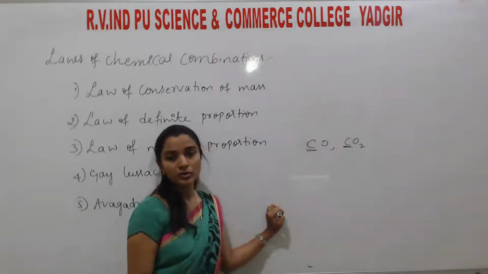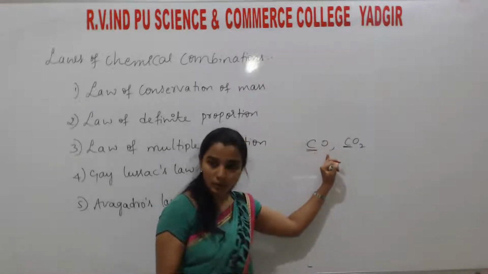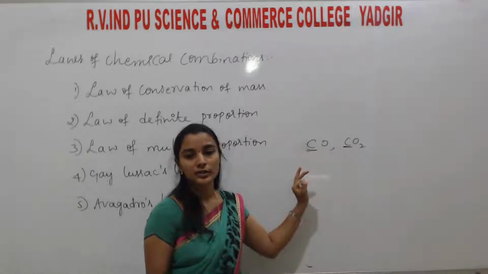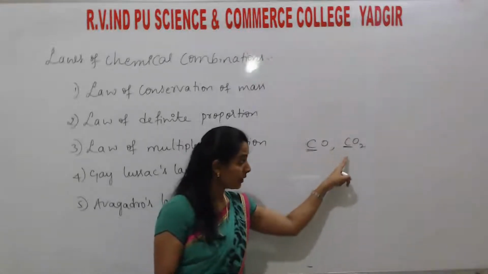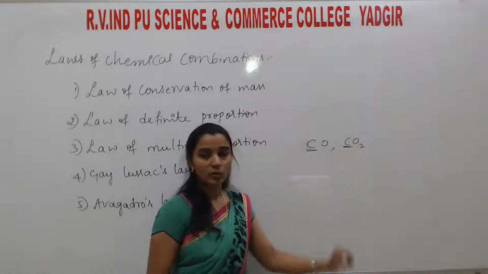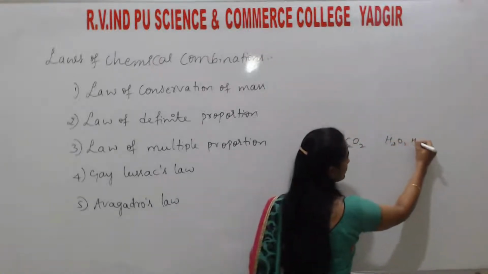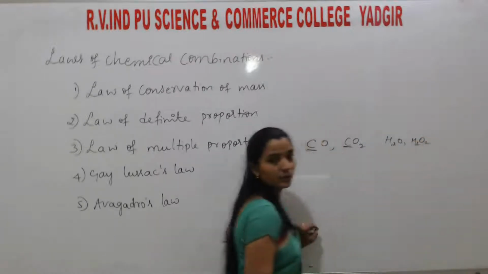The same elements combine in different proportions to form different products. If carbon combines with 1 mole of oxygen atom, it forms carbon monoxide. If carbon combines with 1 mole of oxygen molecule, then it is CO2. Similarly, H2O and H2O2 are both examples.